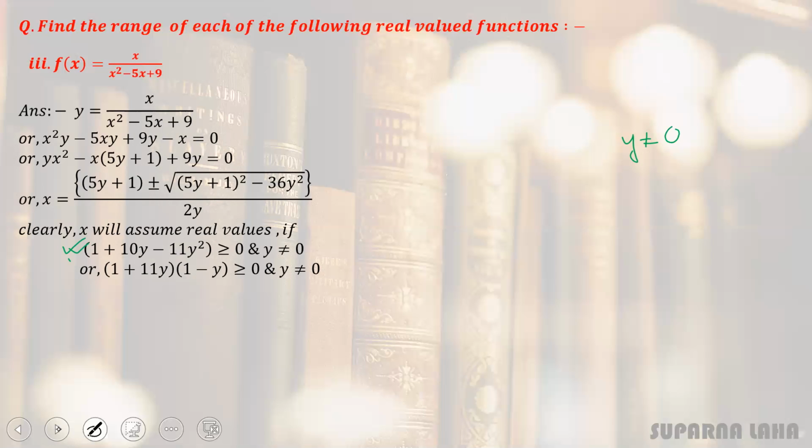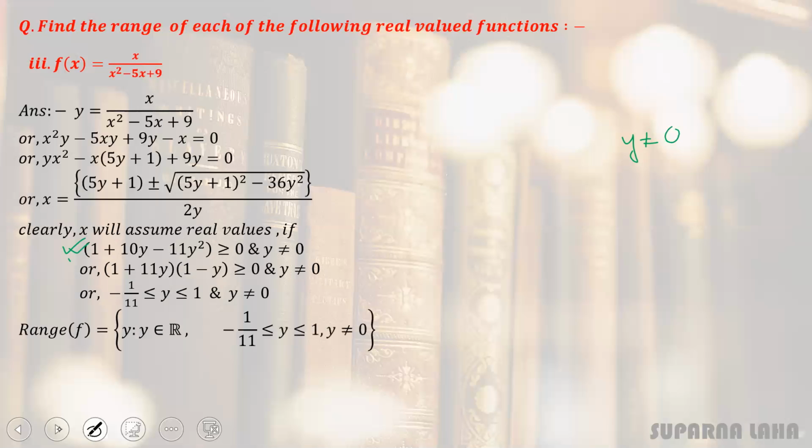Just check these two conditions. You will find y belongs to minus 1 upon 11 to 1 and y is non-zero. So what is the range? Definitely y is a real number which belongs to minus 1 upon 11 to 1 and it is non-zero. Okay, so this is the range of the function.